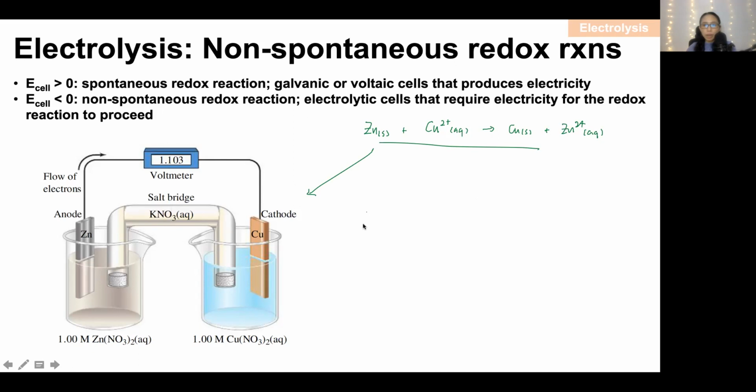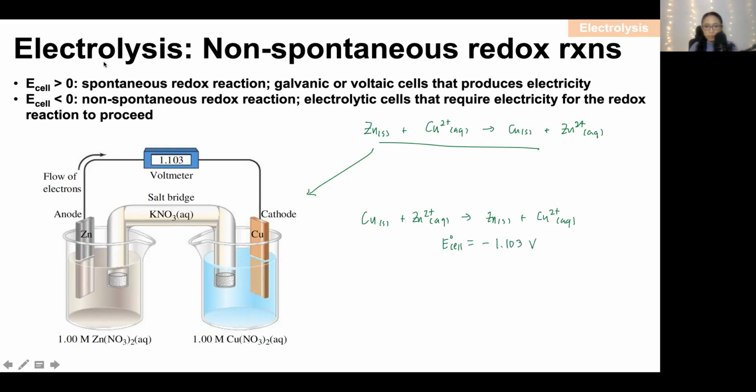But if we make an electrochemical cell wherein the reactants are solid copper and zinc ions, and the products are solid zinc and copper ions, this will give you a cell potential of negative 1.103 volt.